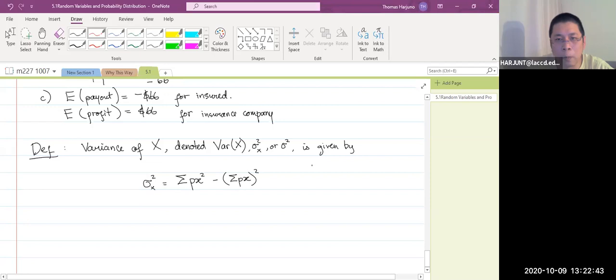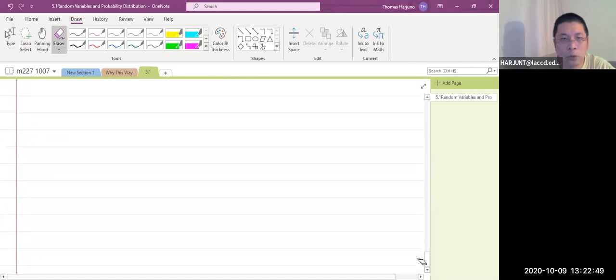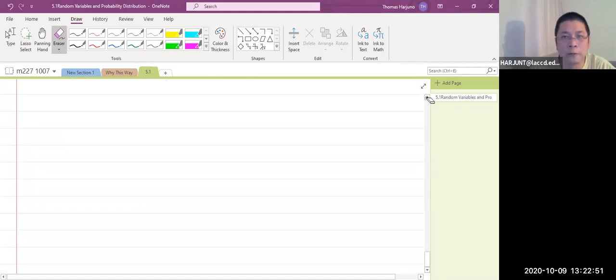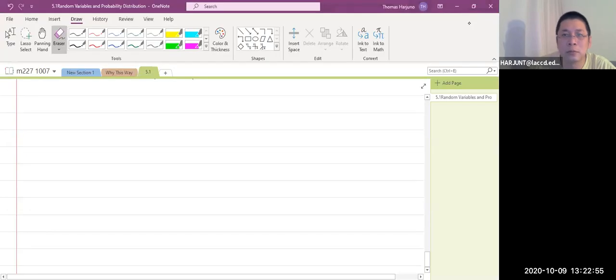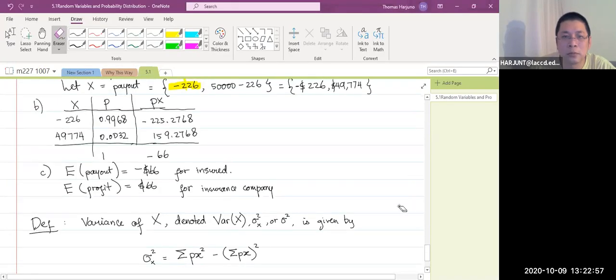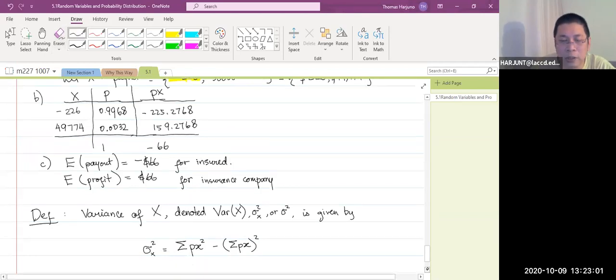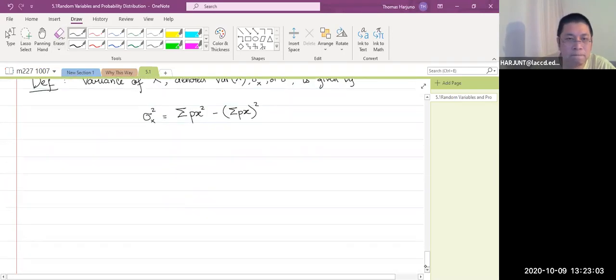Let me do the table first. Suppose I use example 2, the cars, the number of passengers.